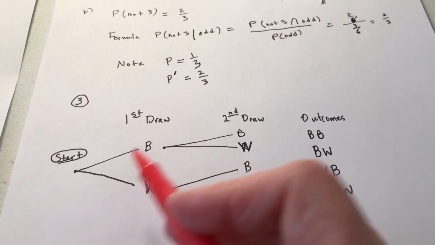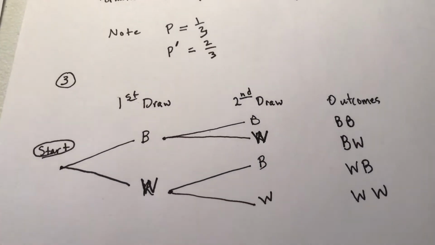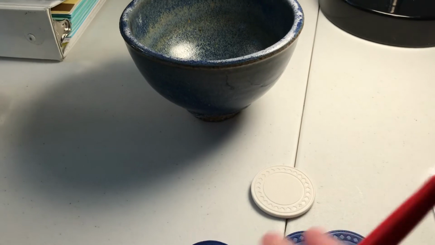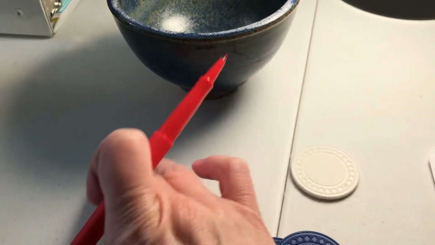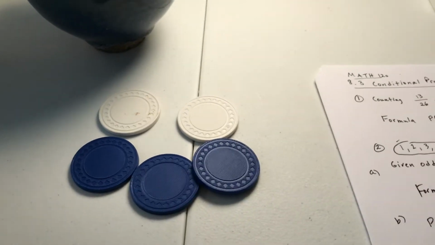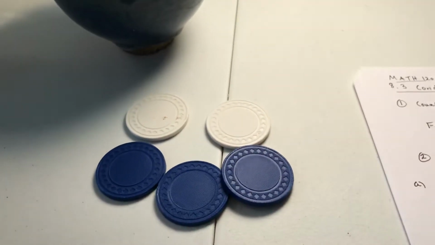So my first draw, what's the probability that it's blue? In there I've got 3 blues and 2 whites, so the probability it's blue is 3 out of 5.